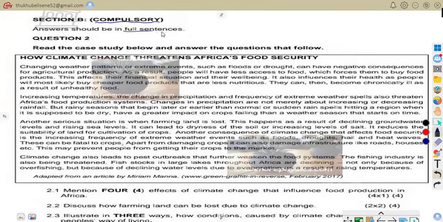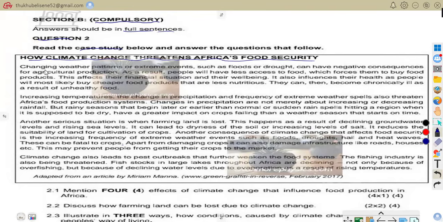You read the case study below and answer the questions that follow. This is about how climate change threatens Africa's food security.